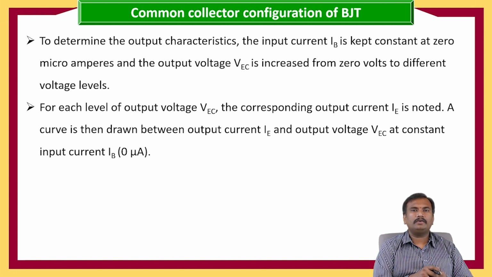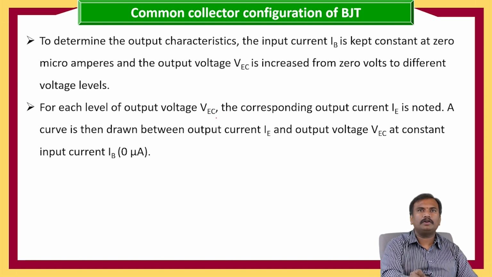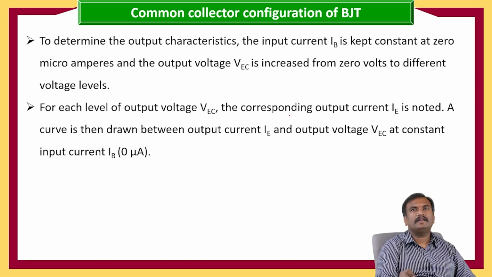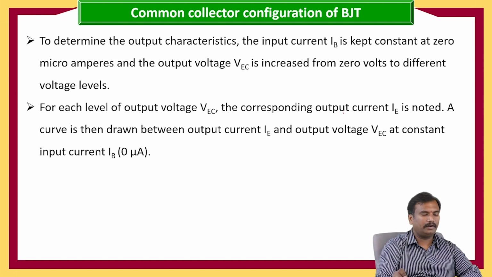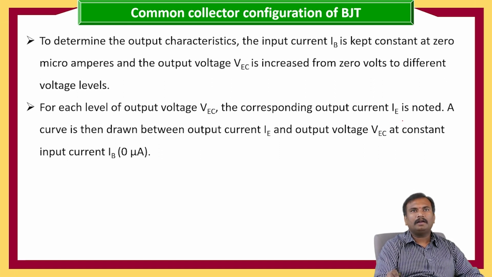And then we have to draw the characteristics between the emitter current and emitter to collector voltage. For each level of output voltage VEC, the corresponding output current is noted. A curve is drawn between the output current IE and the output voltage VEC at constant input current IB.